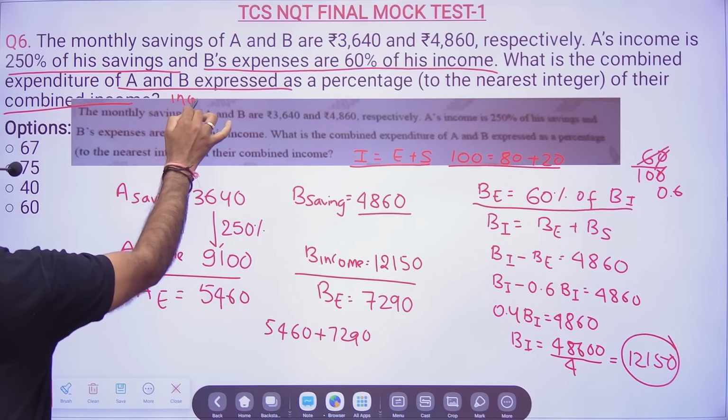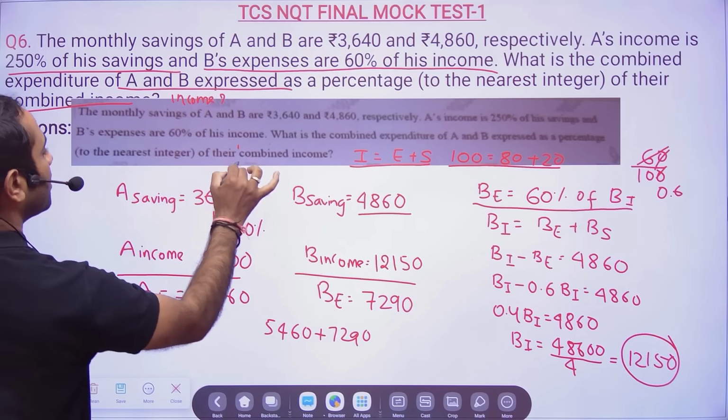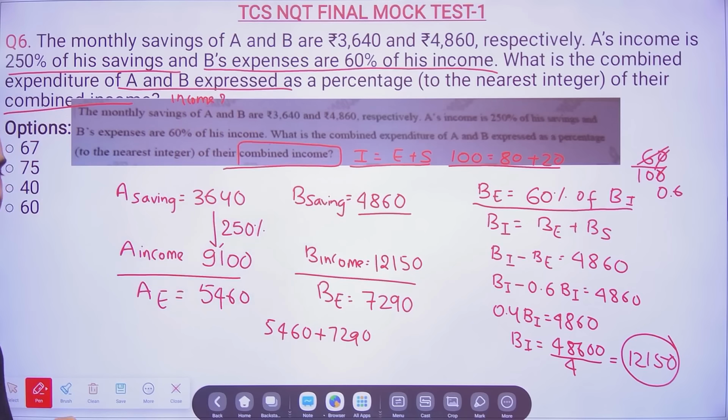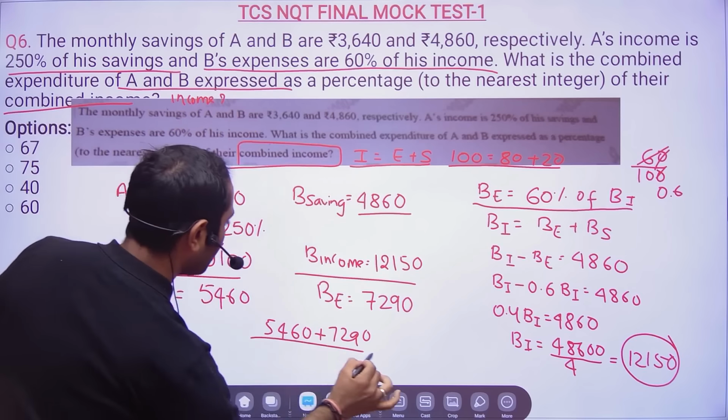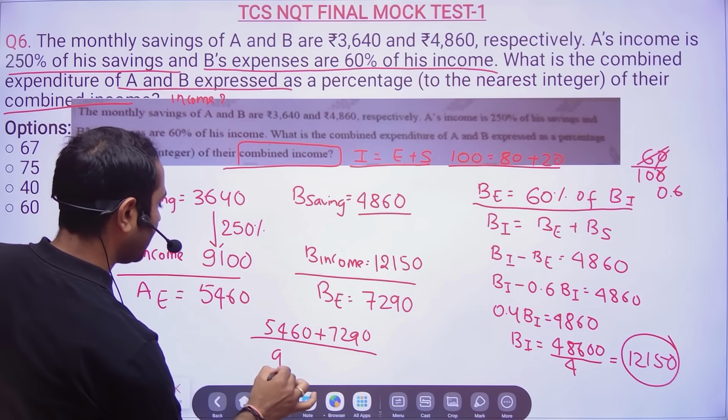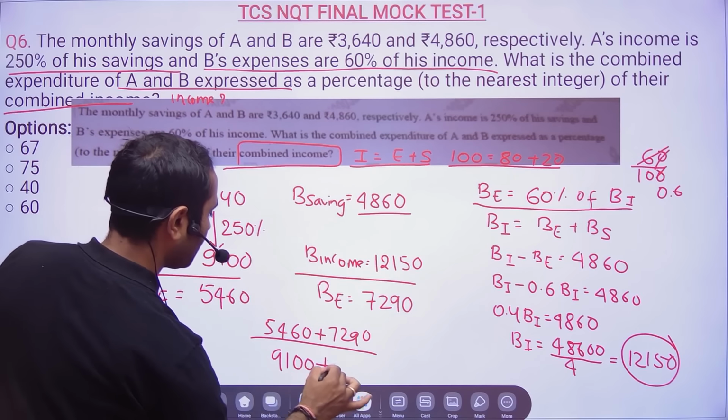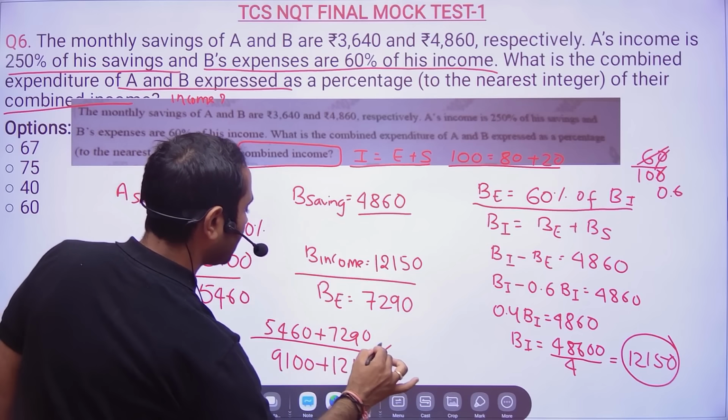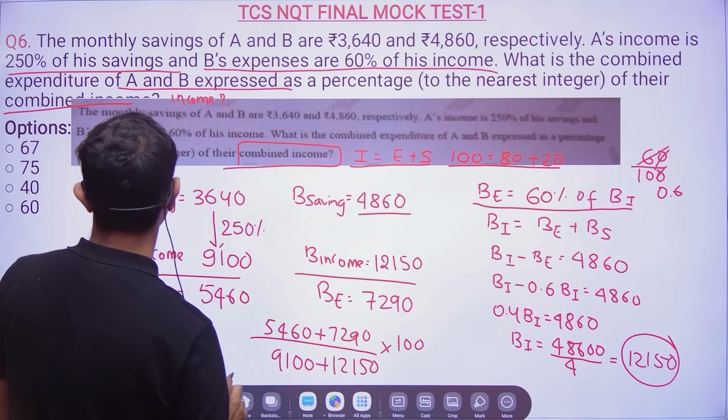They want it as a percentage of their combined income. So here it is combined income. You might not be able to see it, but if you are intelligent, you could have seen it here. So what is this income? Sir, 9100 plus 12150, multiplied by 100. They wanted it in terms of percentage.